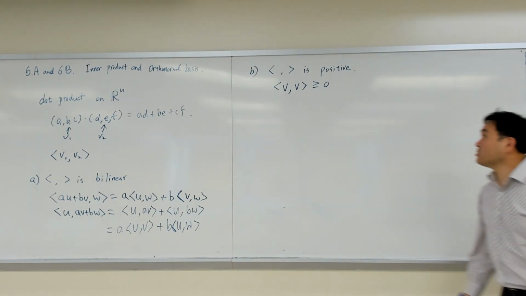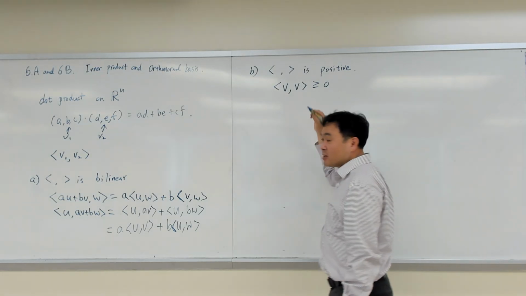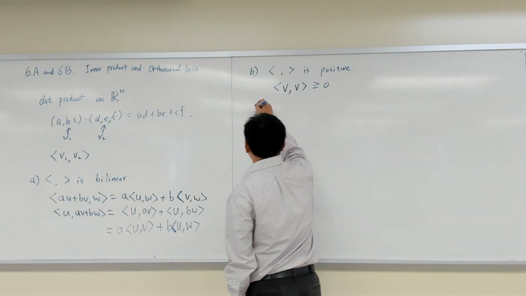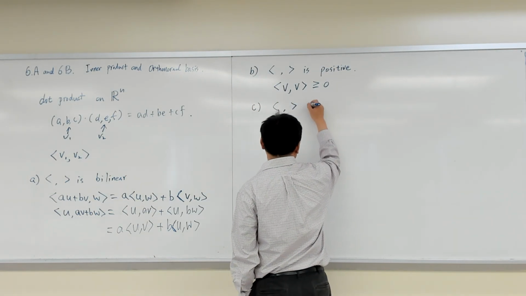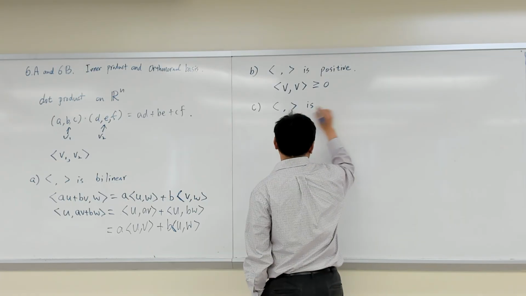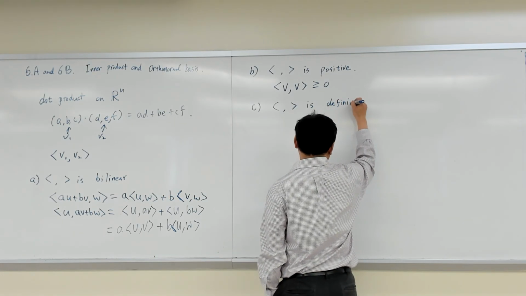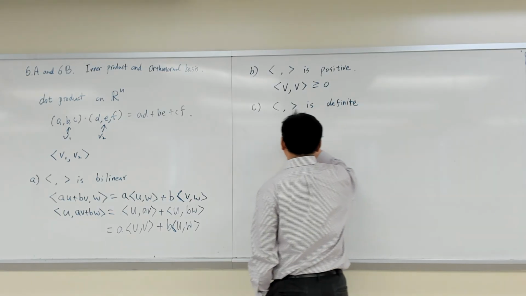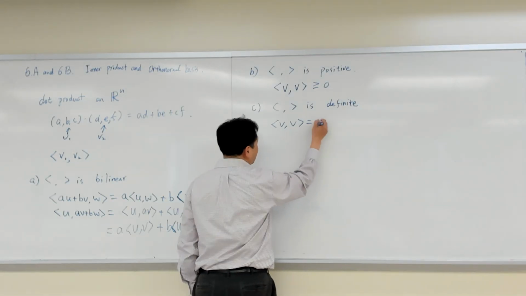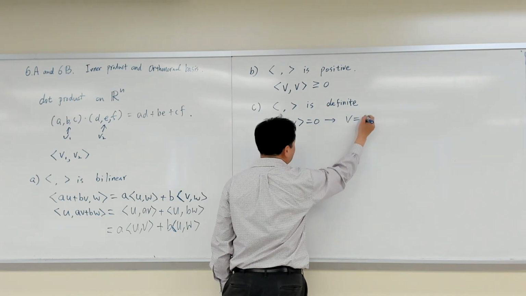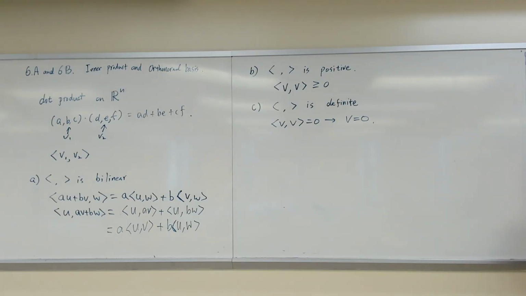Now, why do we say that's positive whereas the inequality really says non-negative? That's because there's this third property, which is this is definite. That's saying that if VV is actually equal to 0, that only happens if your vector is 0. Okay?